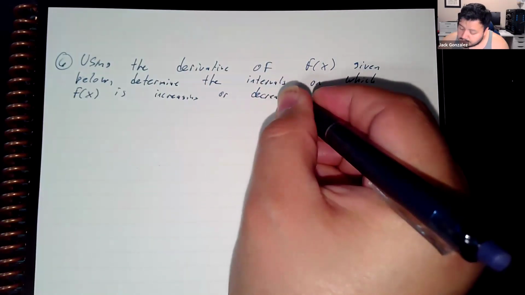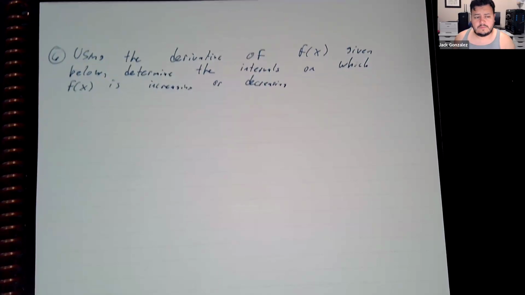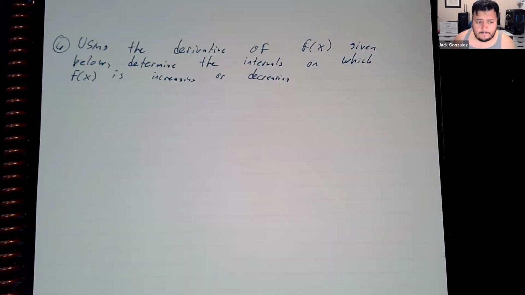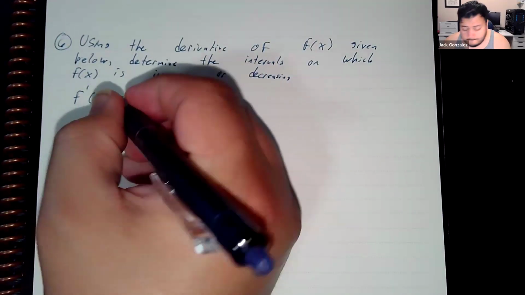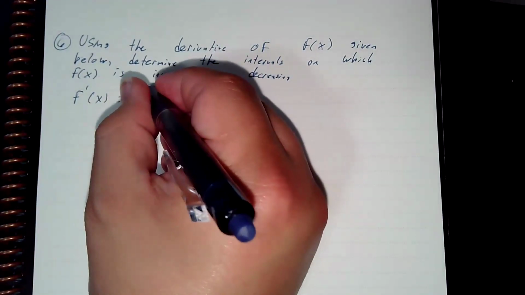So we're not finding max or min, but what would you use to find those intervals? Find the critical number first, set it equal to 0.